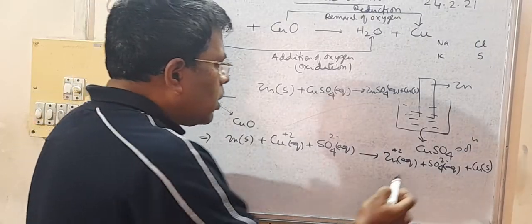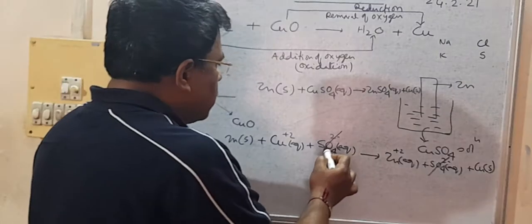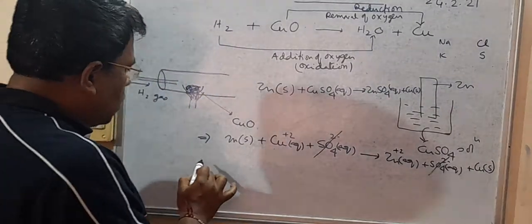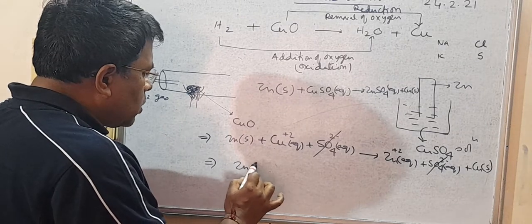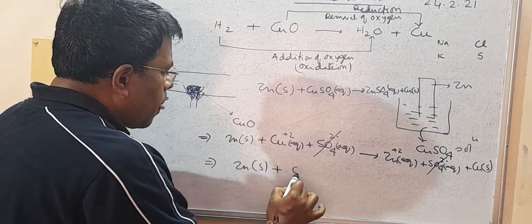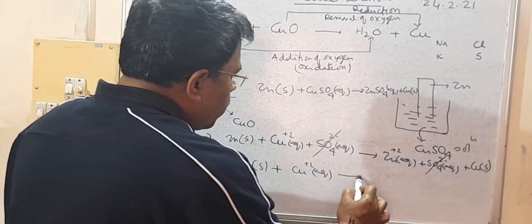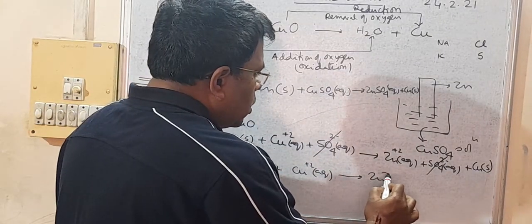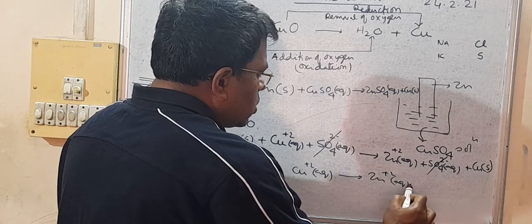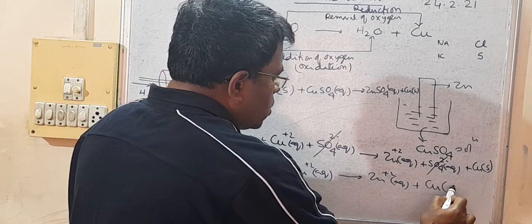What we can cancel out is the sulfate ion. That means we are left with Zn solid plus Cu2+ aqueous gives Zn2+ aqueous plus Cu solid.